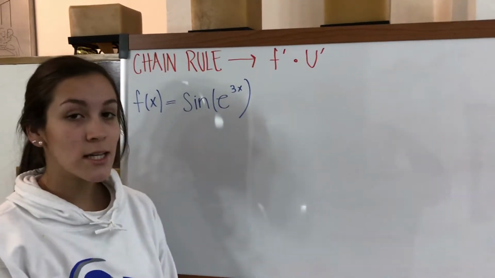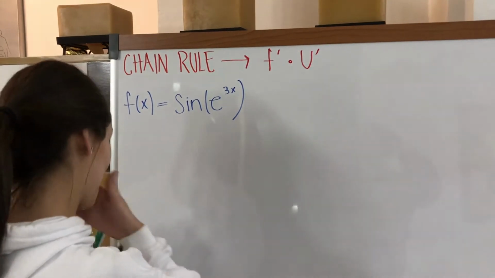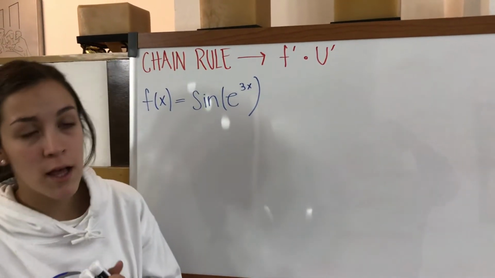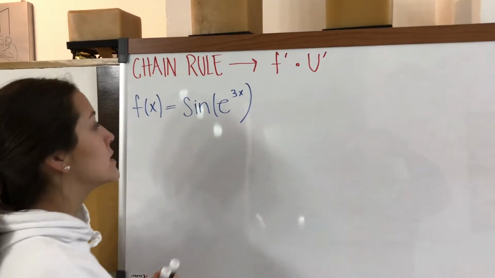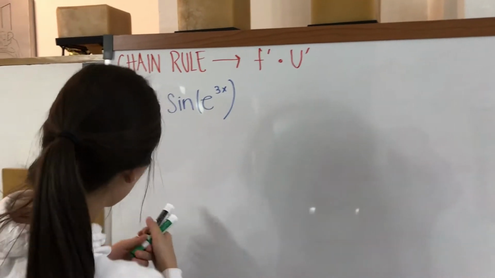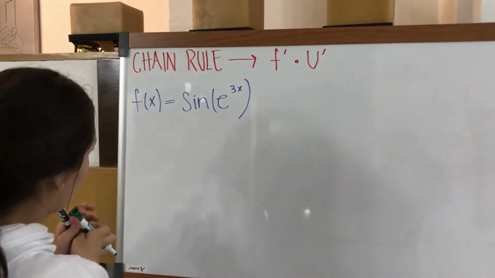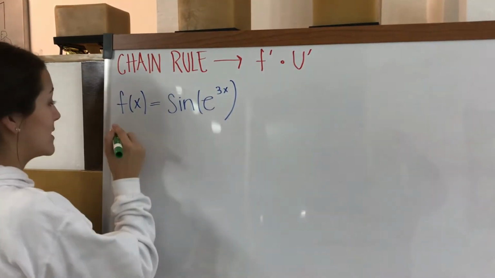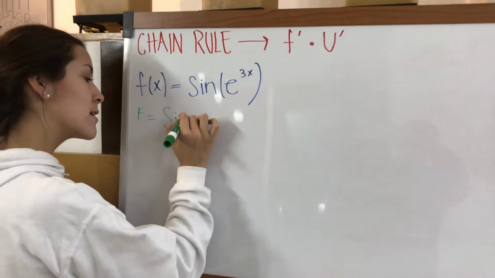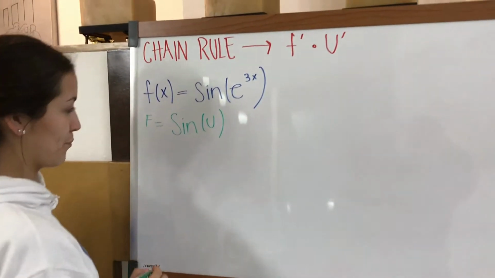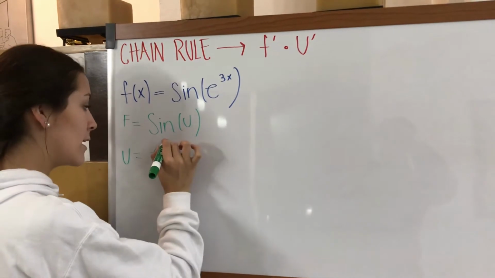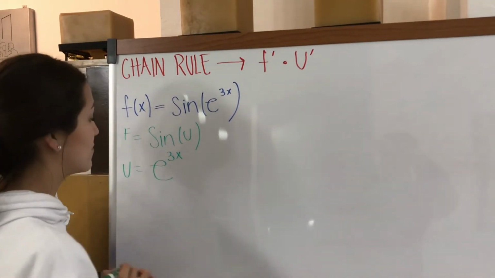This is the second example of chain rule, and in some cases you need to do the chain rule more than one time. This function is that case in specific. So first we have the f, that is sin u, and our u will be e to the 3x.